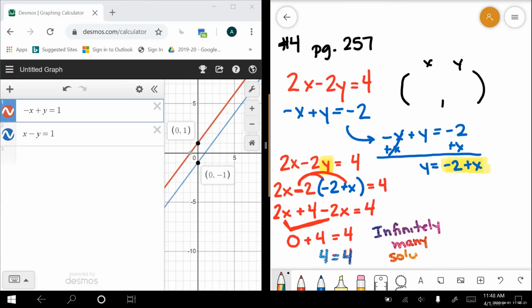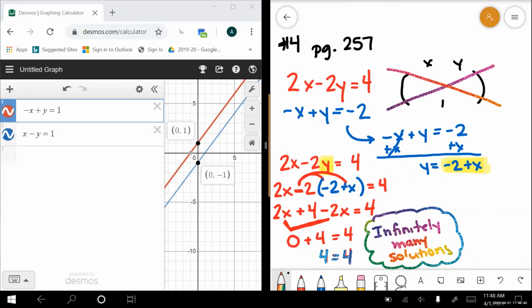If you remember at the beginning of the school year, we were talking about solutions to equations and how many they had. This one, since it's the same on both sides of the equal sign, 4 equals 4, has infinitely many solutions. So again, we don't have just one. This was a special circumstance where we had infinitely many.